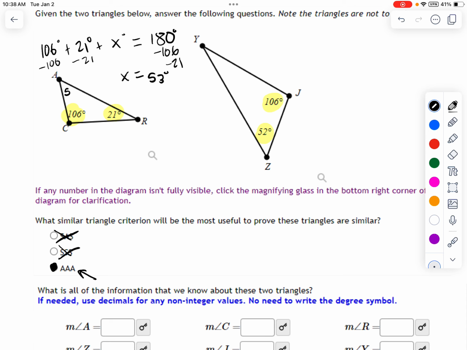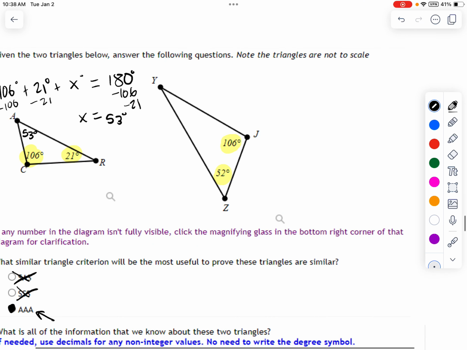You can do the same thing for the other triangle: 180 minus the 106 minus the 52, and there is your third missing angle in the corner. So 180 minus 106 minus 52, and you're left with 22 degrees.